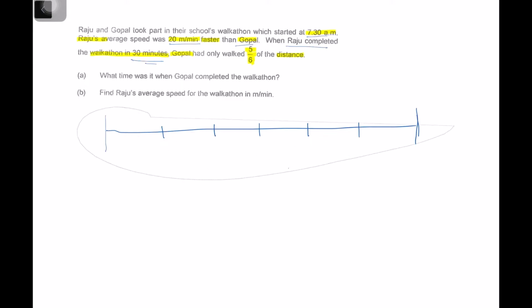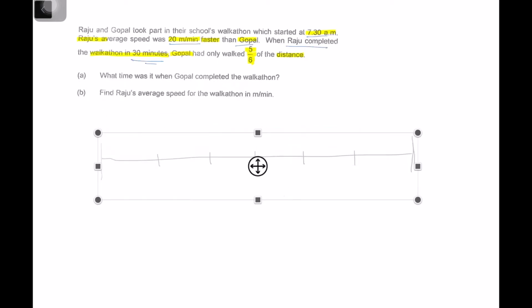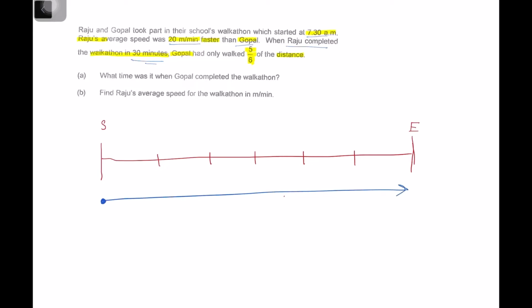Just give me a moment. Yep. So now we label this as a starting point S and this as the ending point E. So both of them started over here at the starting point. In 30 minutes, Raju walked all the way from the starting point to the ending point.